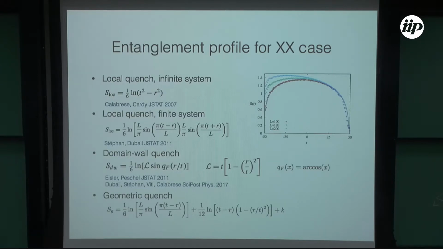And that led us to think that somehow these problems, so the domain wall, local quench, and the geometric quench, should be somehow related, at least in this simple XX case. So the idea is the following. Now, in this case, for the geometric quench, you have sort of the combination of the two effects. So for every ray parameter, you have a local filling which varies for the domain wall quench.